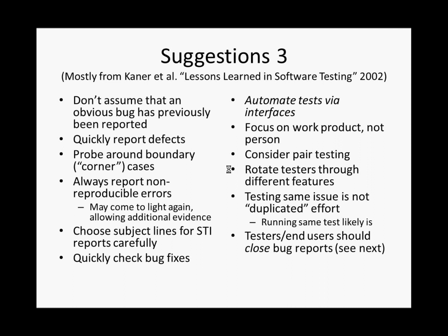The developer sometimes has a sympathetic ear to themselves. They sometimes assume it's gone before it really is, and it's important that the bug not be closed prematurely. So if there's a bug fix, check it out soon.